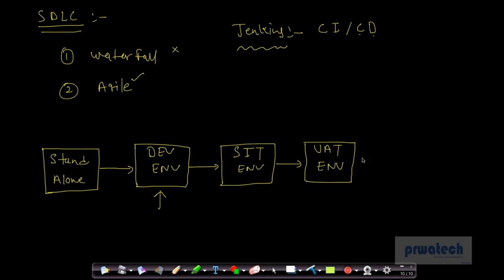After the UAT environment, we promote to operational acceptance testing. Depending on the firm, many companies I have seen do not perform operational testing. After UAT, they directly promote to production. This is part of the firm's policy.